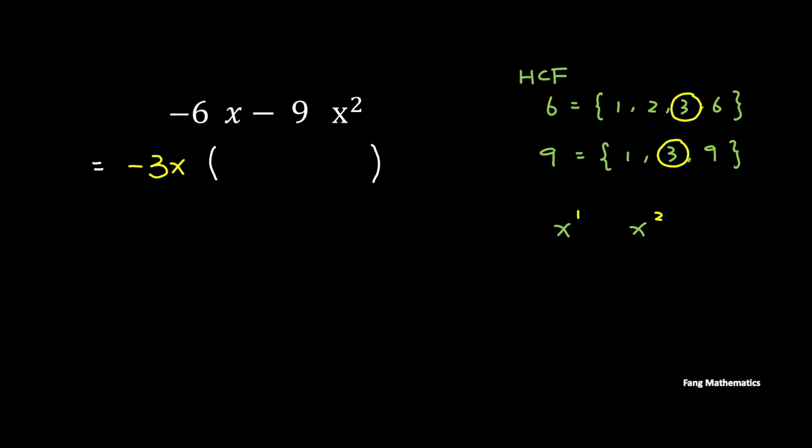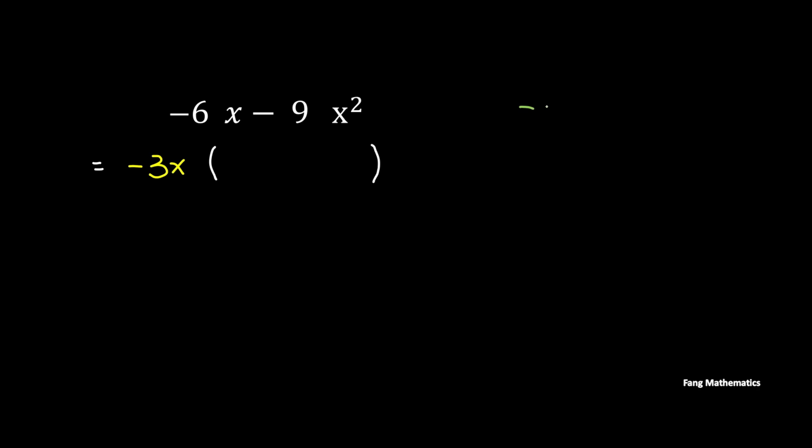We are to divide each term by the factor. We start with the first term, minus 6x, divide by minus 3x. Minus 6 divided by minus 3 should give you 2, and x divided by x should give you 1, so just 2.